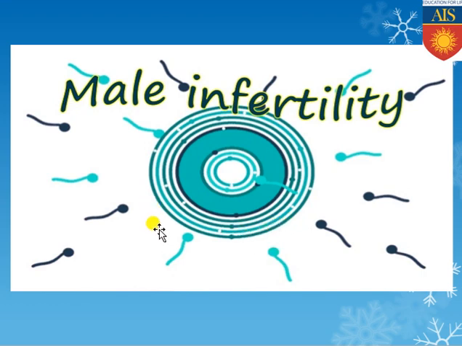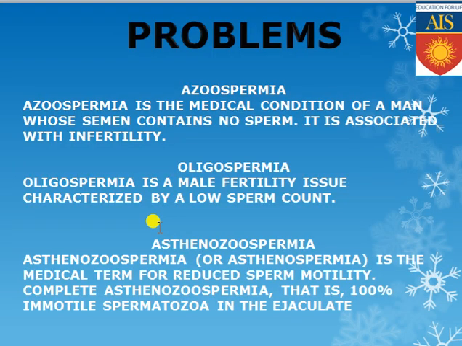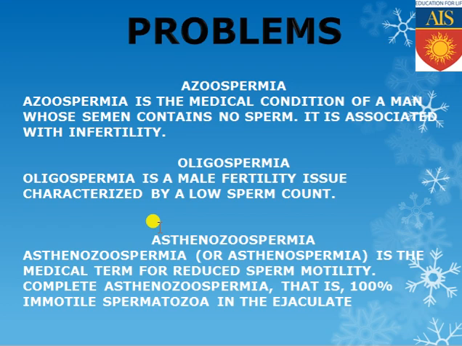Let's see the infertility problems commonly found in males. These are the three common problems found in males regarding infertility. First one is azoospermia. Azoospermia is a medical condition of a man whose semen contains no sperm.